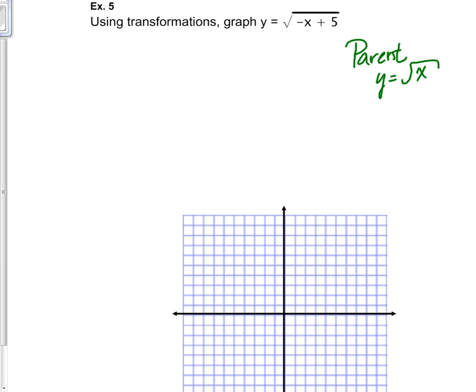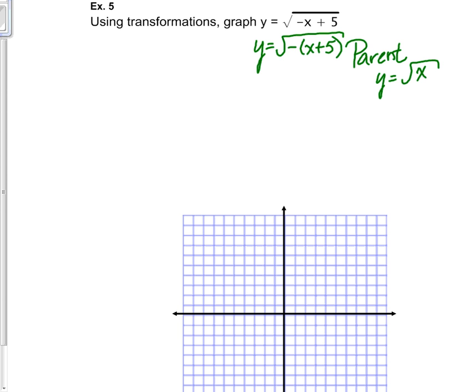I have a negative sign, and I have an add-on inside the function, so a horizontal translation. However, I don't want to know what negative x plus a number is. I want to know what x plus a number is. So I would rewrite that with the negative sign factored out. Once I have x plus a number, I know whether I go to the left or to the right.